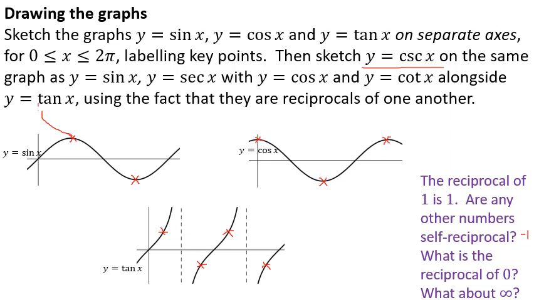We have an asymptote at 0, and this thing curves down, hits the top, and curves back up, giving us another asymptote at pi, comes back up here from negative infinity, and then approaches another asymptote again at 2 pi.